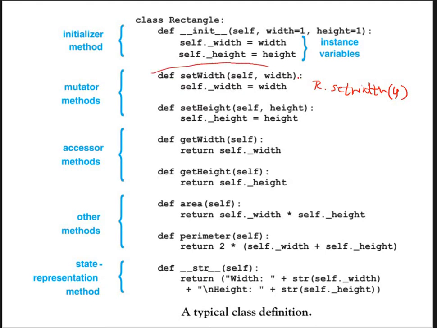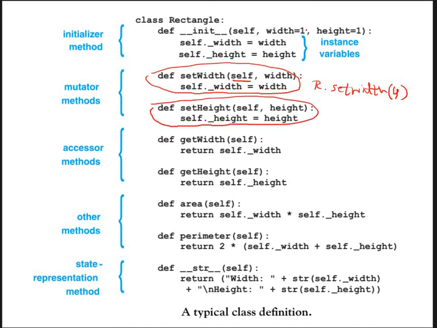So it's just a setter method, and the self means that it's the class's own name. This piece of code is basically just to set the width of the rectangle, and this is again to set the height.